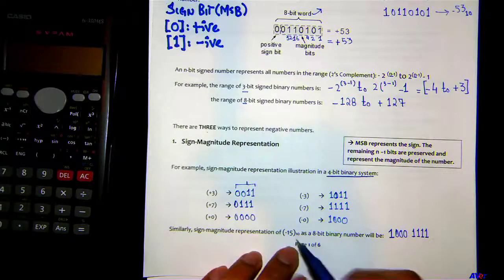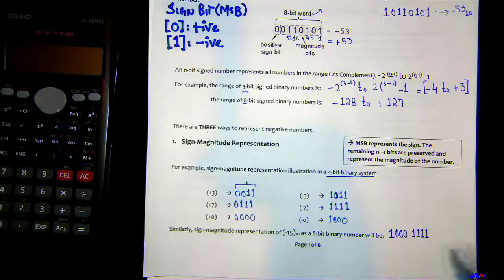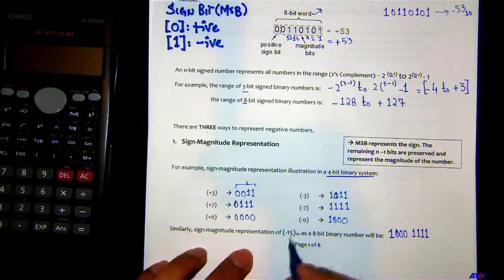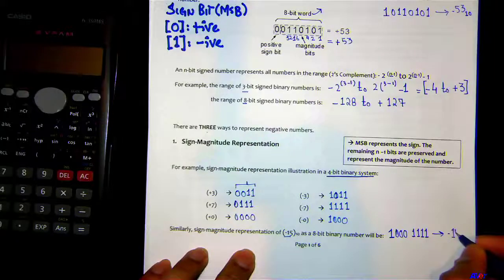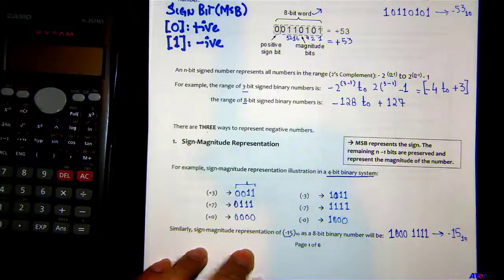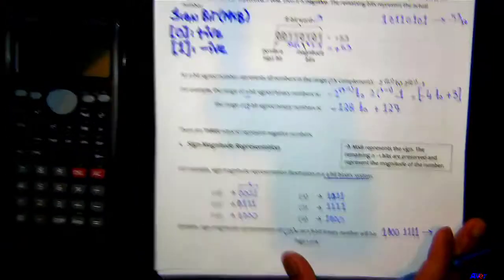If you remember 15, we did it yesterday. It was 1111. That's what you get. We have an 8-bit system, so the rest of the bits are going to be 0, and the most significant bit is 1 because this is a negative number. So this corresponds to negative 15. Okay, let's move to the next page.